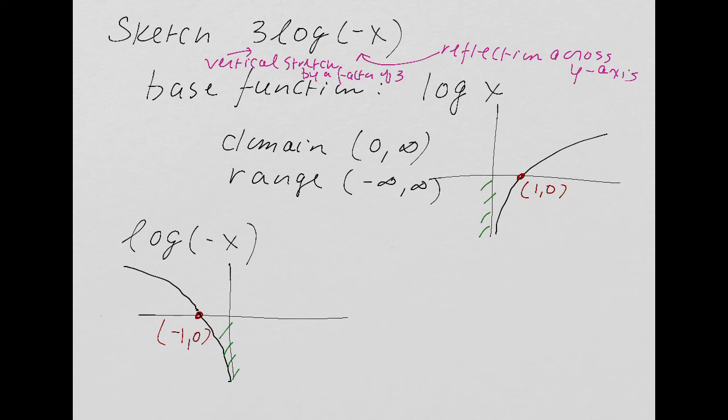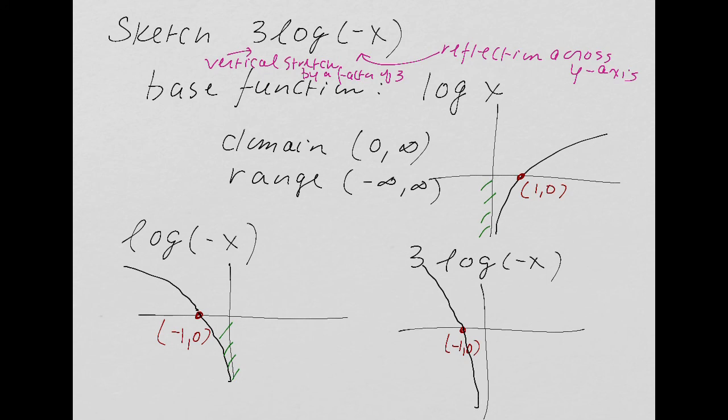The next piece is I want to vertically stretch this by a factor of 3. Again, if you do this on Desmos where the axes are labeled, you can really see the difference. Here, I'm just drawing it qualitatively. The idea is it should have y values 3 times as high, so kind of more like that shape. And this would be the answer.